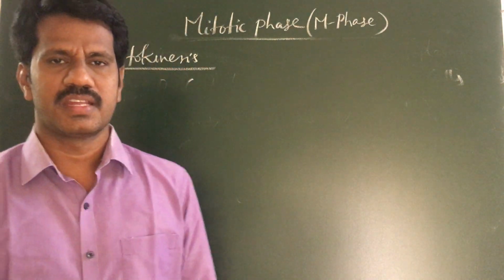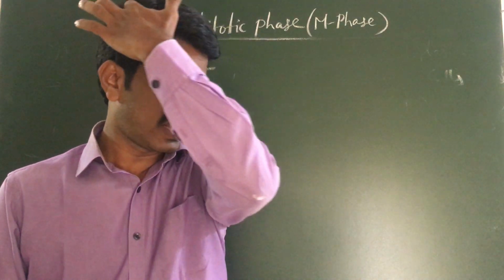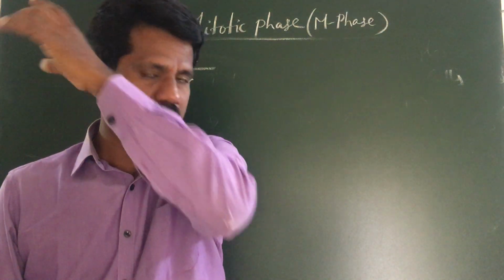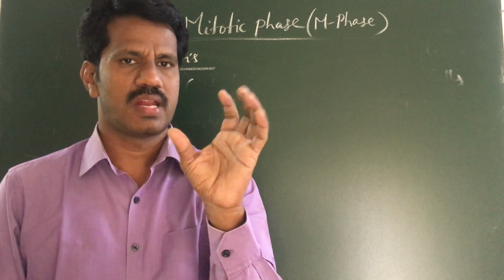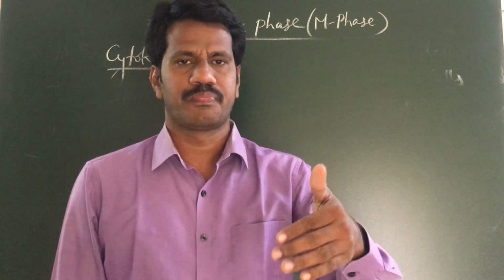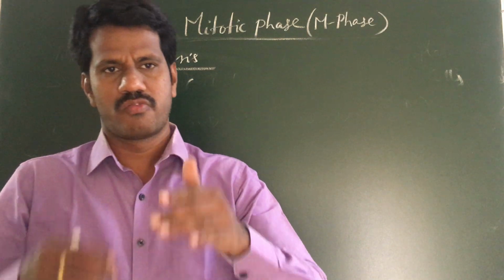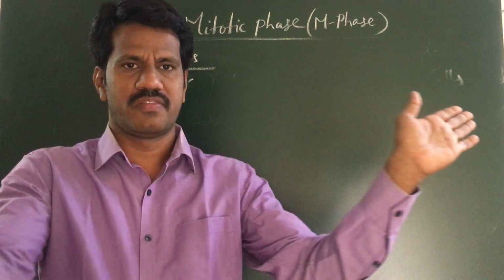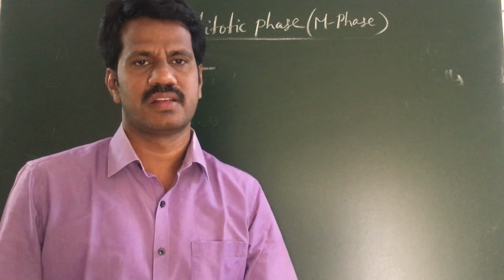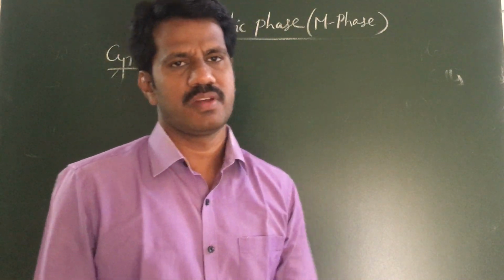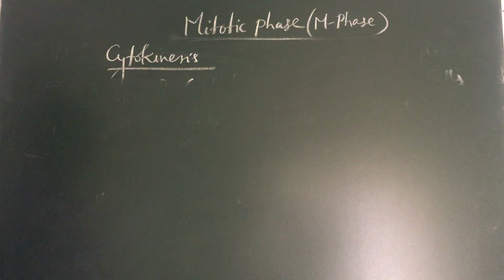But plant cells have a thick and rigid cell wall, so they cannot go for the furrow method or constriction. The new wall develops from the inside to the periphery outside. We see the formation of a plate-like structure from the center. That is why we call this the cell plate method.